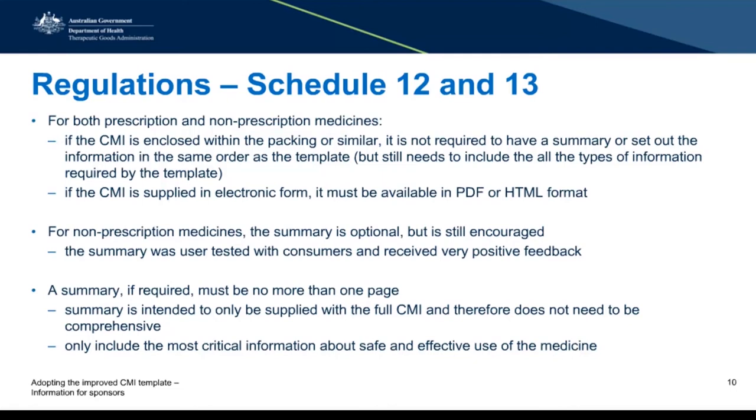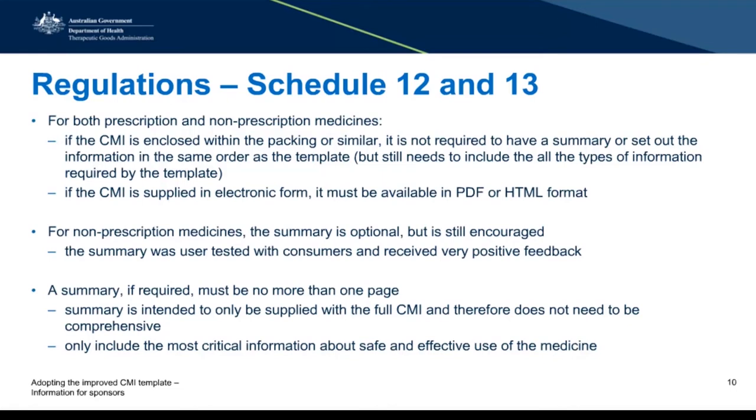The important part to recognize is that at the top of the template, there are some pieces of text that are only included if they're applicable. That includes the black triangle wording. That includes the warning if there's a boxed warning included in your CMI if it's required. Then you might need to include these pieces of writing. If those don't apply to your product, they're not going to be in the draft.